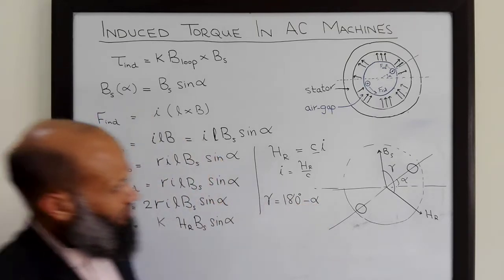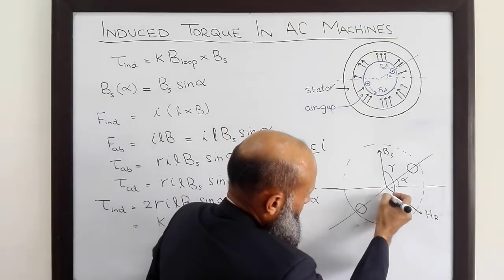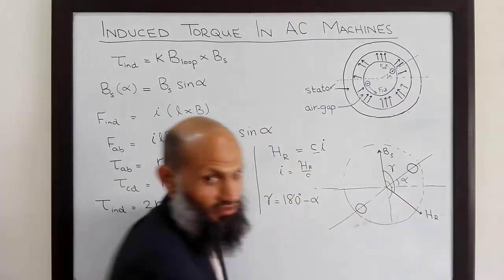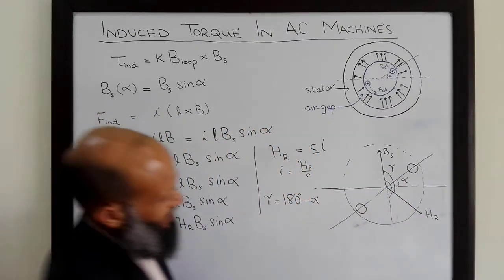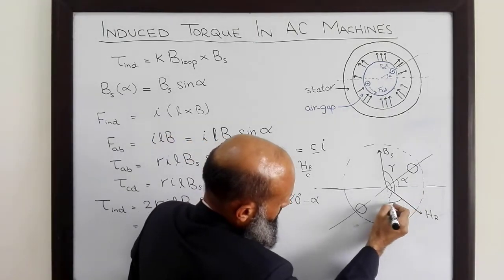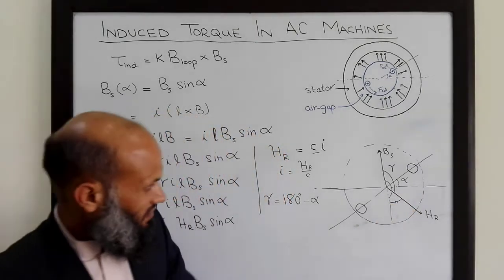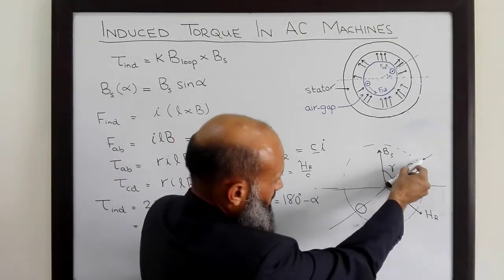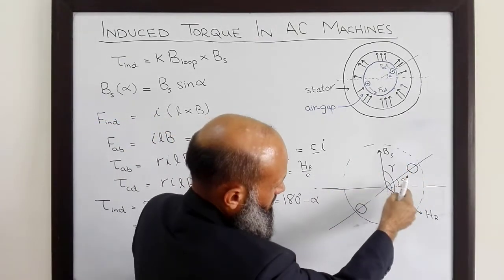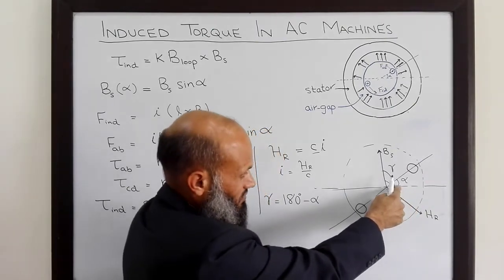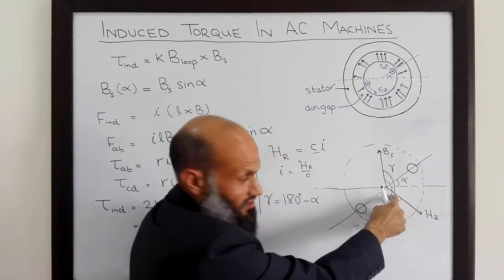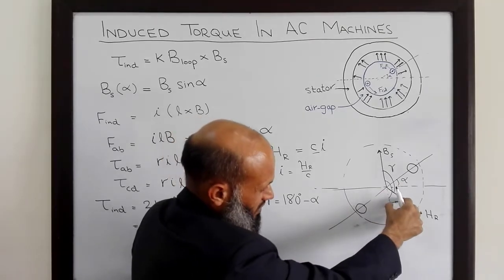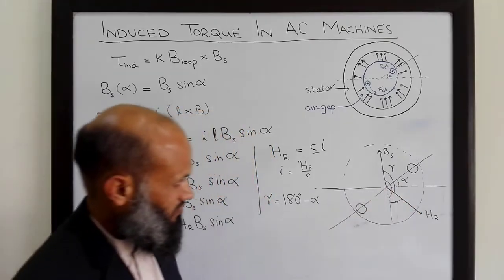How? If I extend this line, what is this total angle from here to here? That is 180 degrees. And what is this angle from here to here? That angle is also equal to alpha. The angle between this line and this line is alpha. This line is perpendicular to this line, and this line is perpendicular to this line. Therefore, this angle will also be equal to alpha.